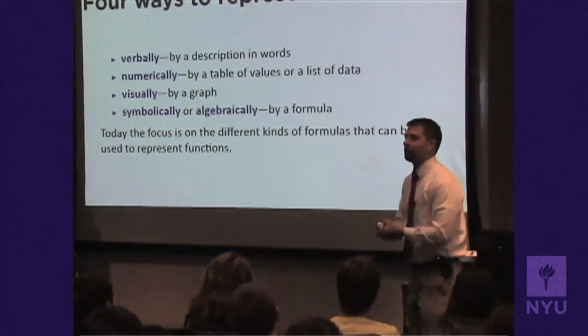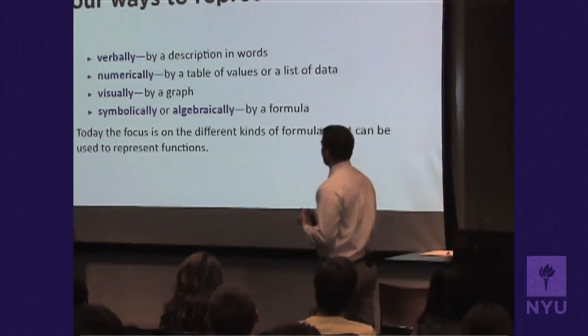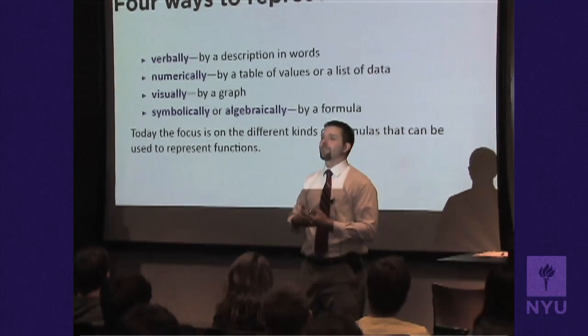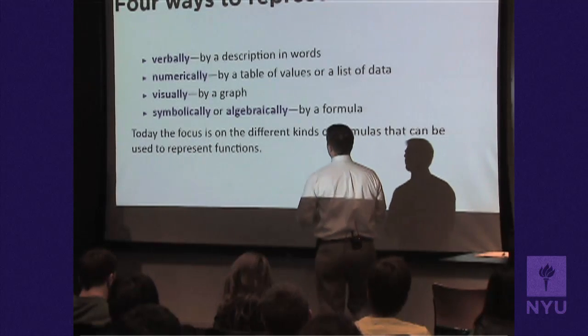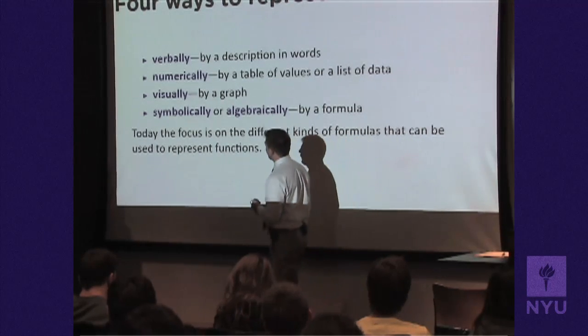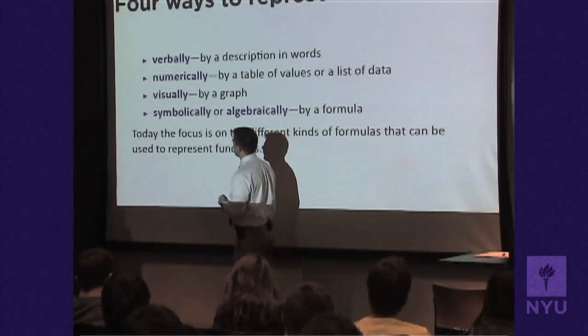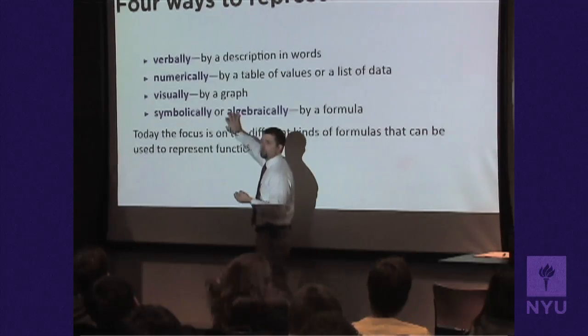You can describe a function visually by just drawing a graph of that function. Okay? And we remember that the graph has to satisfy what we call the vertical line test. A vertical line can't intersect the curve in more than one point if it's going to be the graph of a function. And then the final way, the one that we're often most comfortable with, is describing a function as a mathematical formula using symbols or algebra.